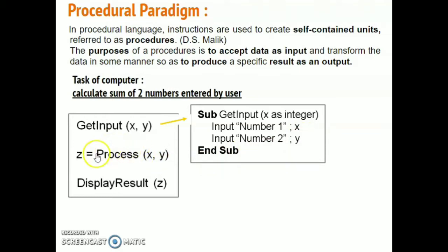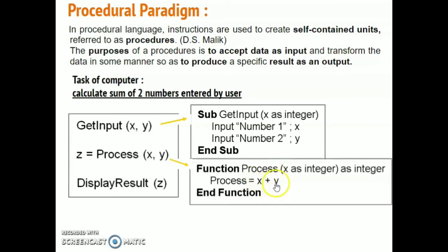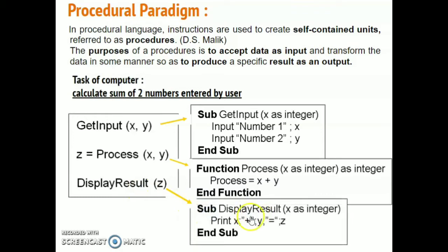For the next instruction, the computer needs to call the function process. Inside the function process, the computer will do the addition of X and Y and store it in process and return back to the main procedure, where the result from the function process is stored into Z. Then for the next instruction, the computer goes to the function display result, which asks the computer to print the addition of the two numbers entered by the user to the screen.